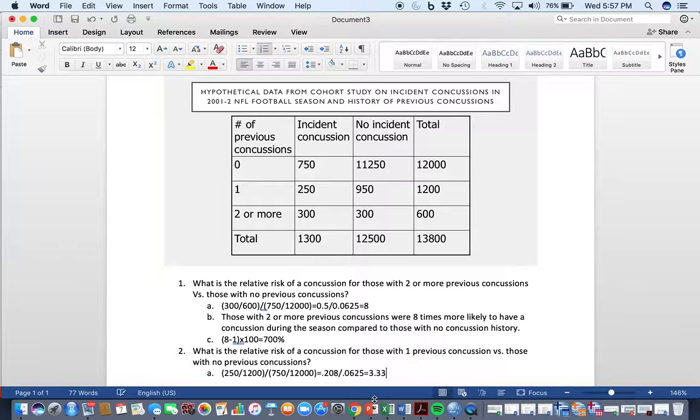Then you could just calculate it out the same way and have your relative risk for packs of cigarettes smoked. So don't get too hung up on the concussion part of this.